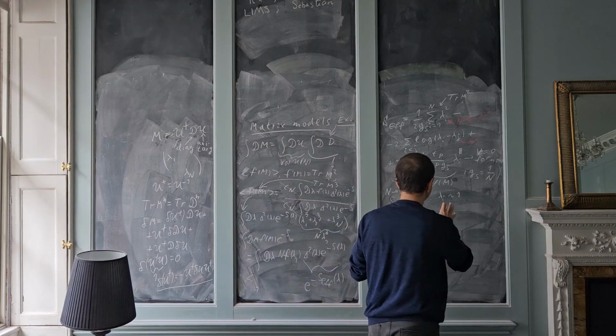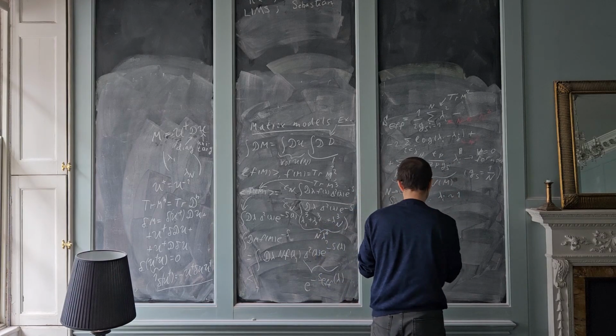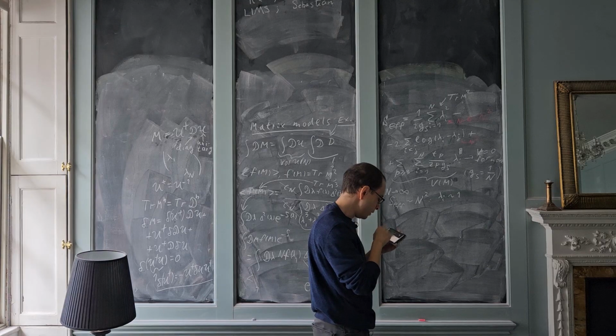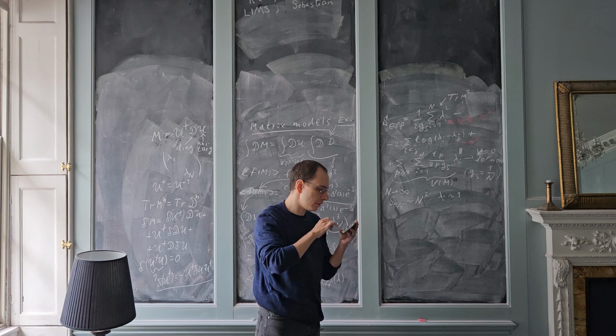So let's, for the moment, focus on the large N limit for the Gaussian matrix model without any potential, which is already quite interesting. What we will derive is the famous Wigner's semicircle distribution for the eigenvalues.